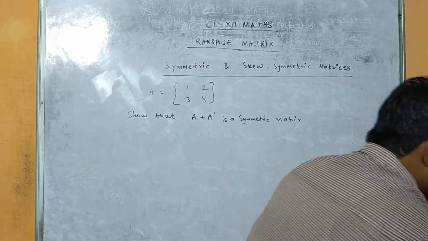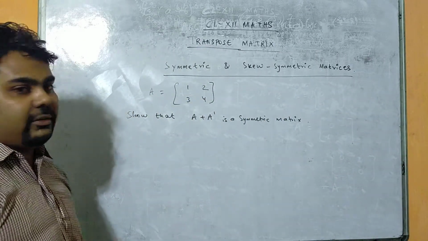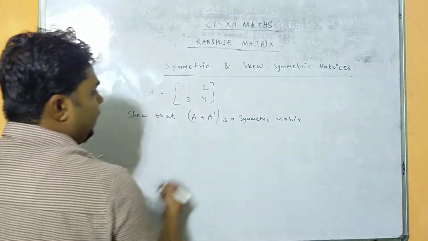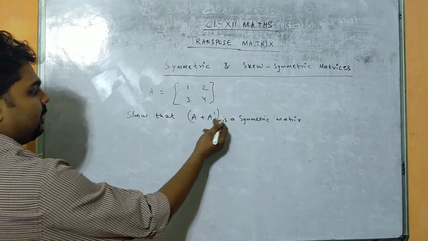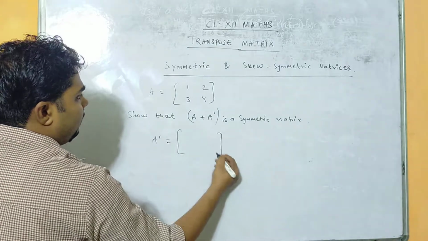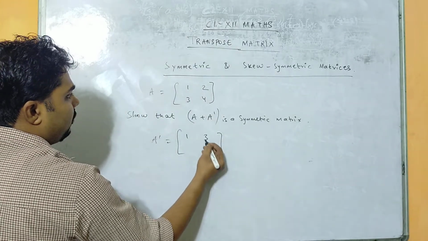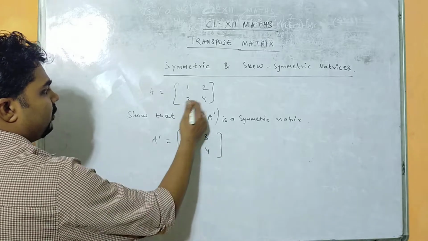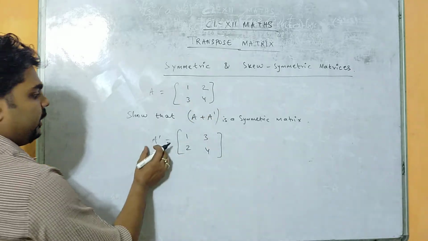So we have to prove that this is a symmetric matrix. A plus A transpose. So first we'll find the transpose of this matrix. We'll get 1 3 2 4, just 3 and 2 get interchanged, so we got A transpose.